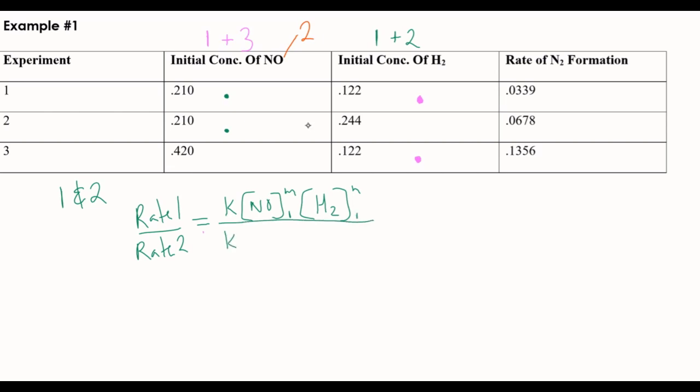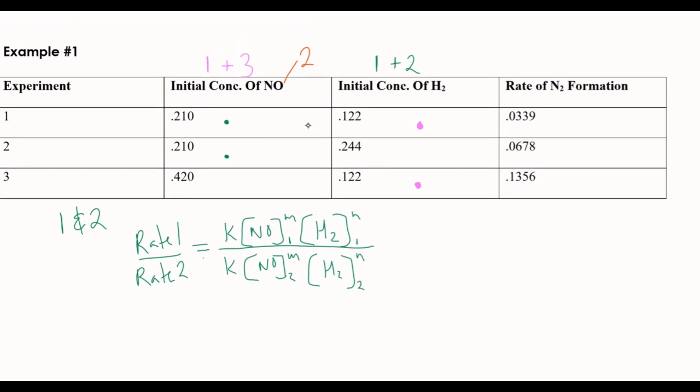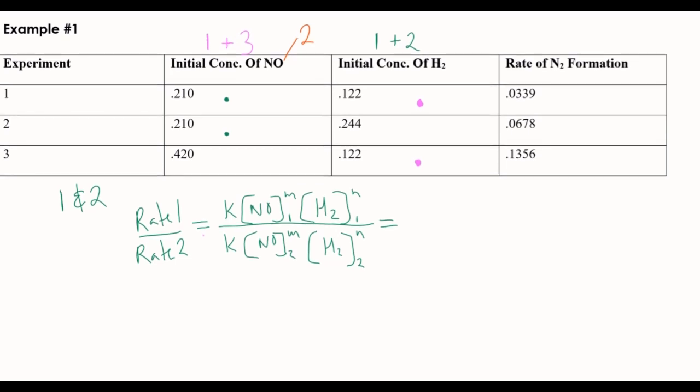And that's going to be over the same thing, except now it's going to be for rate number 2. All right, so pretty much the same thing as last time. We're just going to plug in the numbers for 1 and 2 this time.